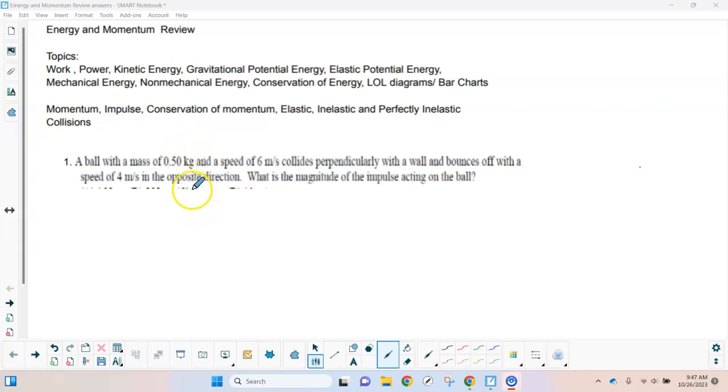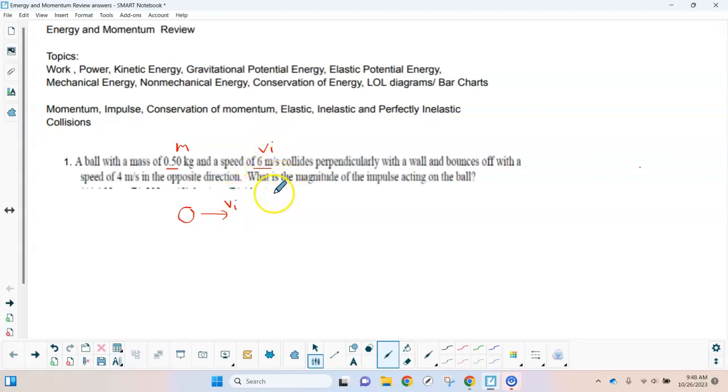So the first one here says a ball is traveling at 6 meters per second and has a mass of 0.5 kilograms. If I just draw this out, that's our initial, VI.